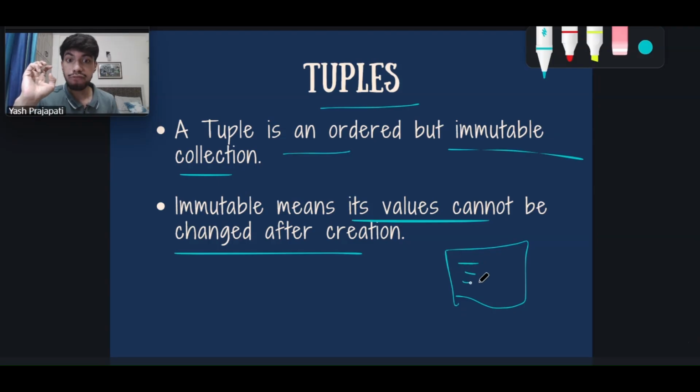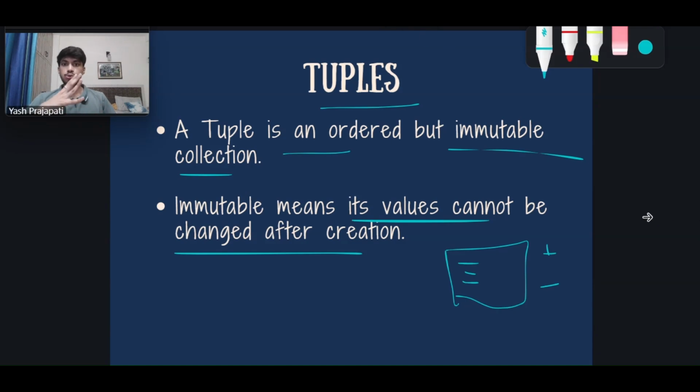After creating it, we cannot add something or delete something. We cannot change the data present there. So tuples are used for fixed data in which we do not need to change anything.